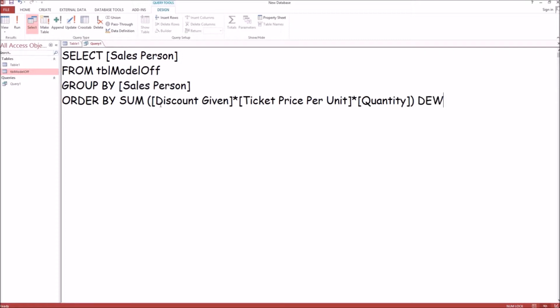And we need to sort in descending order. Let's run. Getting an error message.